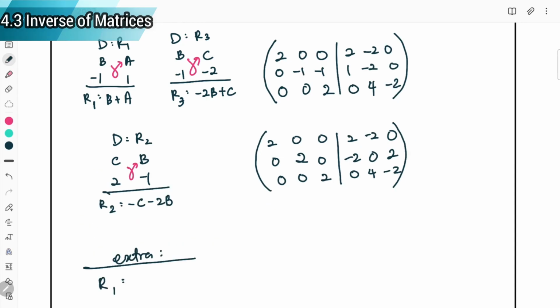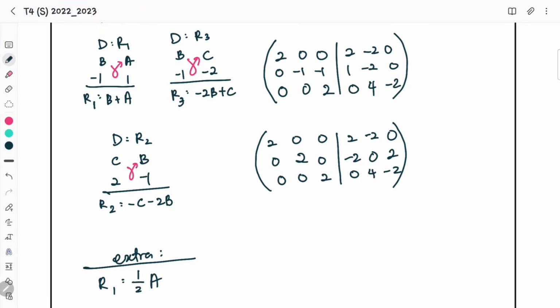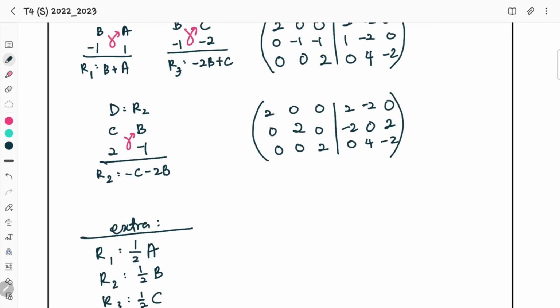So for row 1, we're going to multiply it by 1 over 2. So 1 over 2 A to get 1 on the diagonal, same as row 2 and row 3.